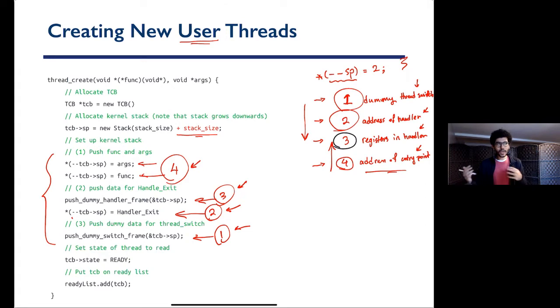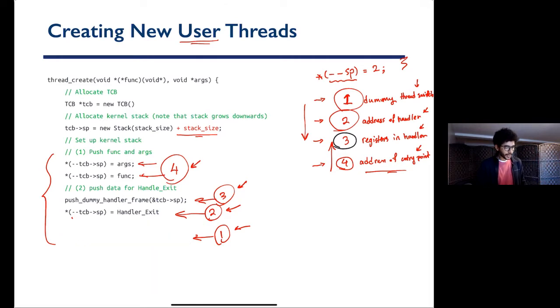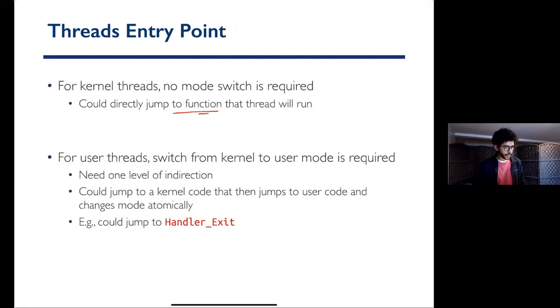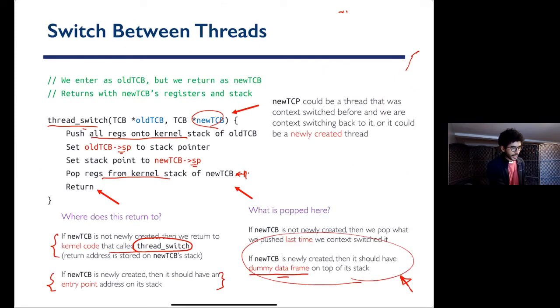So what does it mean to context switch to this thread? It means that we're going to start running it inside thread switch, because thread switch was the function that context switches. If I go back to this thread switch, here is where we're going to set the stack pointer of the CPU to point to the kernel stack of this thread.